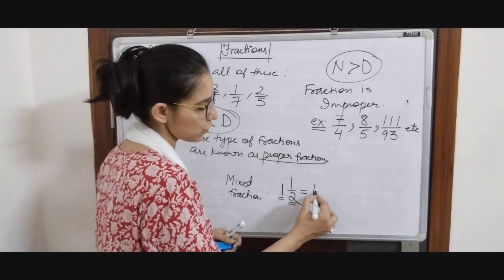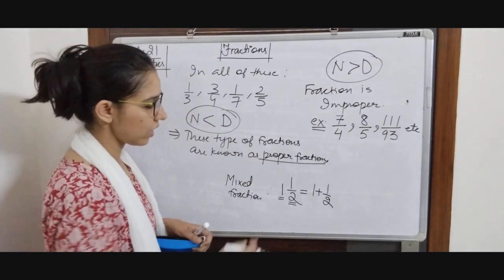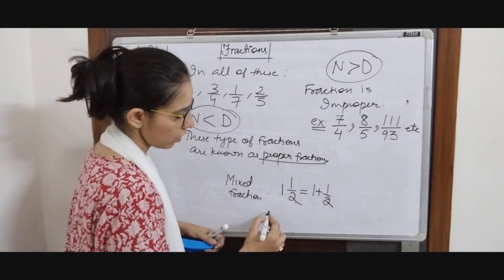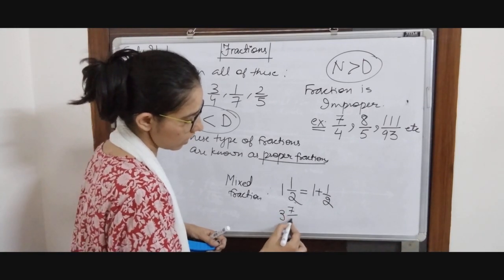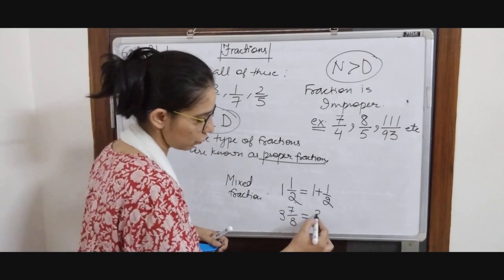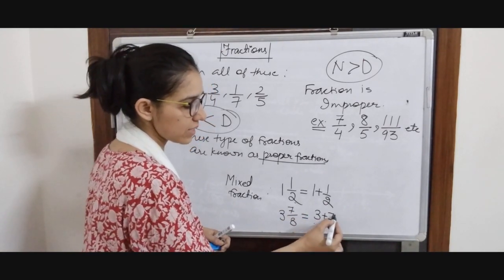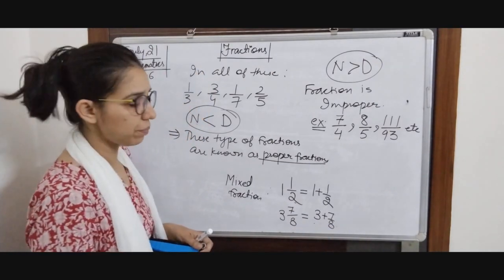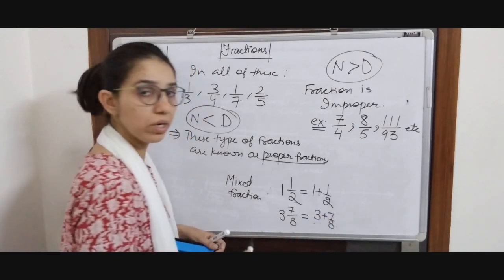You can write it as 1 plus 1 by 2. Other example of mixed fraction is 3 7 by 8. So this mixed fraction means 3 plus 7 by 8. It means 3 whole plus 7 parts of total 8 parts. And this means that 1 whole plus 1 part of total 2 parts.